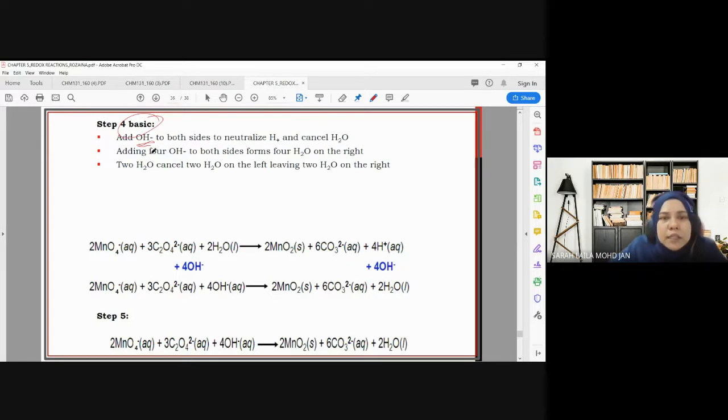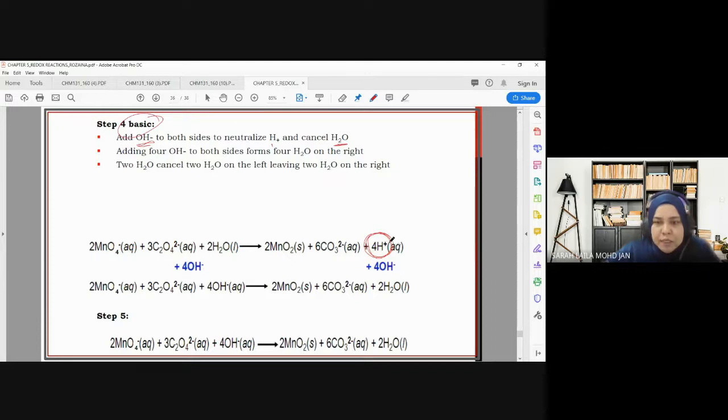Okay, so dia kata add the OH on both sides to neutralize H plus and to cancel out the H2O. Okay, you can tambah OH dekat both side, dua-dua kiri dan kanan. Okay, so here dia tambah 4 OH. Yang ni pun dia tambah 4 OH. Kenapa 4? Why 4? So sebenarnya you tengok pada bilangan H plus ni.